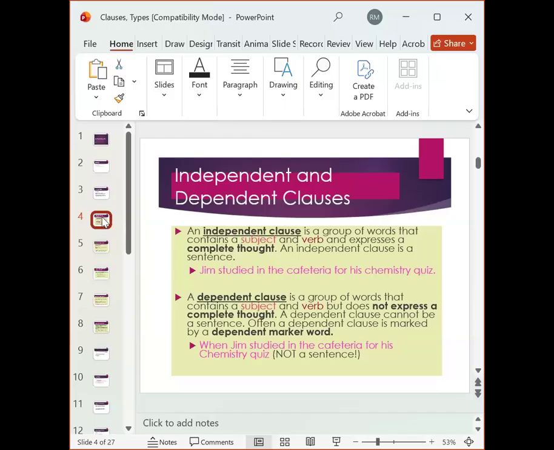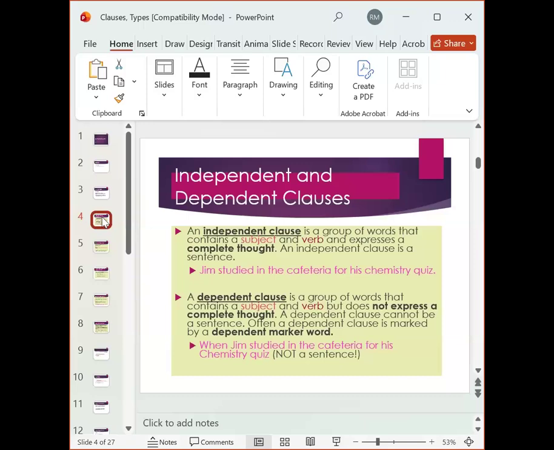It stands on its own, makes complete meaning. It doesn't depend on anything, just as the name suggests, independence. Right. Now, an example of that is: Jim studied in the cafeteria for his chemistry quiz.